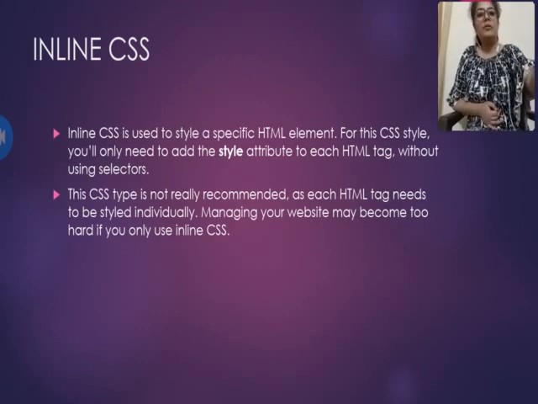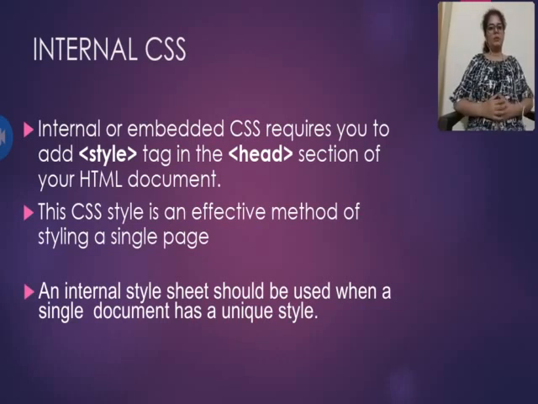The next type of CSS is internal CSS. Now what is internal CSS? Internal CSS is also known as embedded CSS. Another name of internal CSS is embedded CSS. Now next question is, where we use internal CSS?